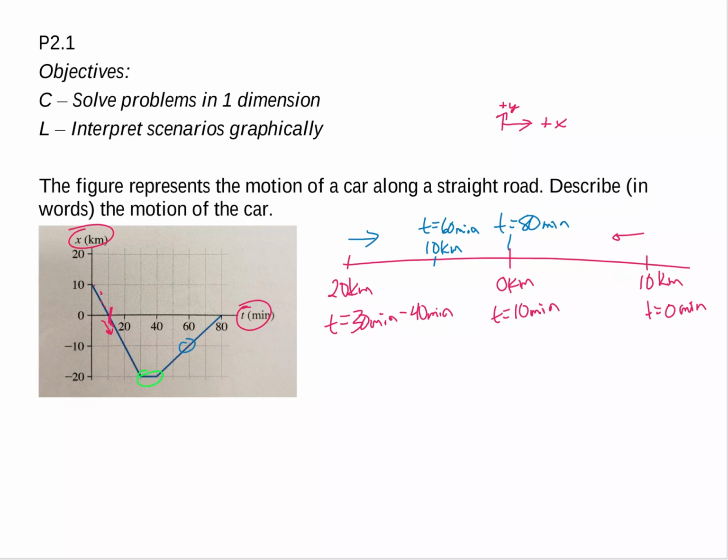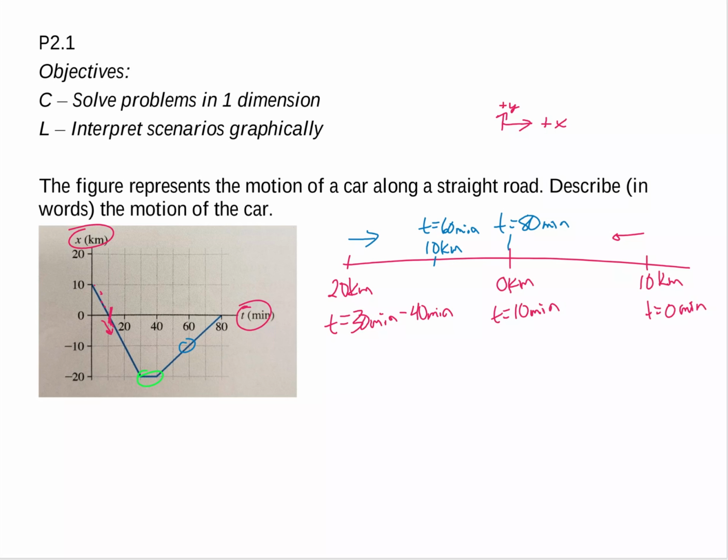Now, the whole time you guys were talking about position. But how fast were we going? There are two different speeds. When the position is decreasing from 10 kilometers, passes through the origin and goes to the left of the origin, that's one speed.